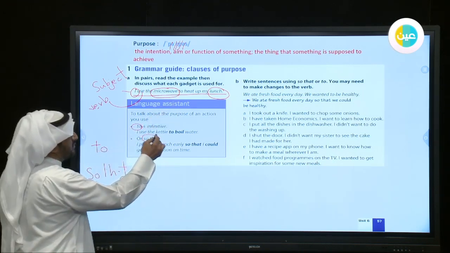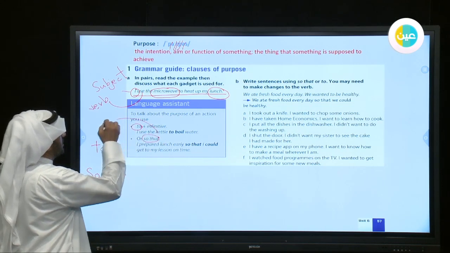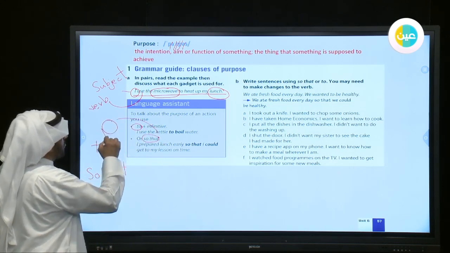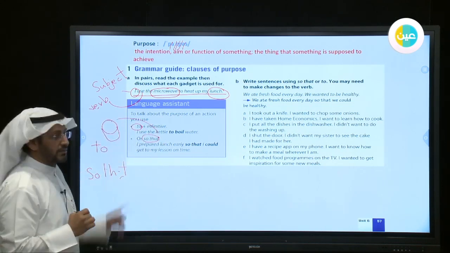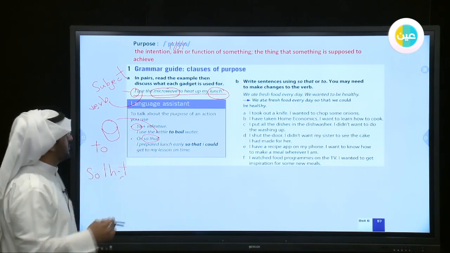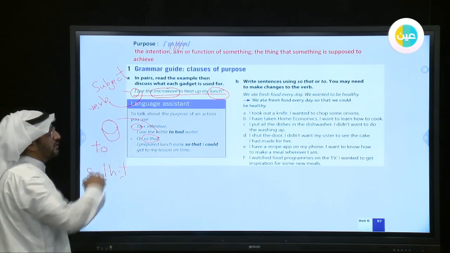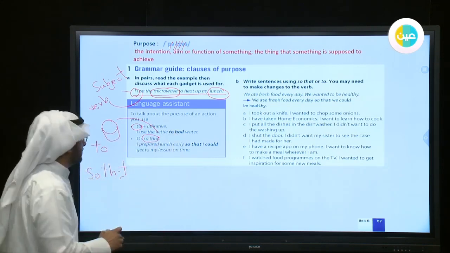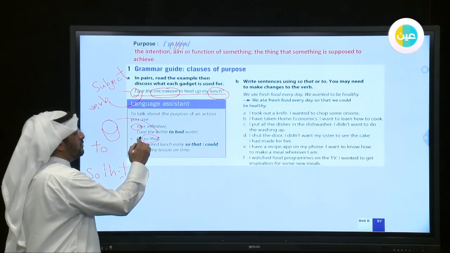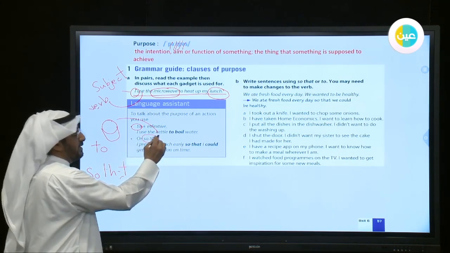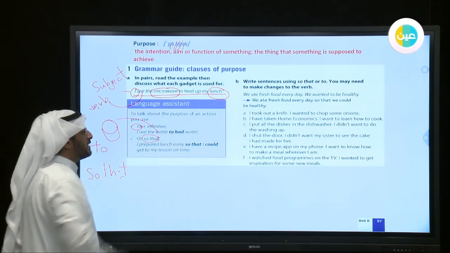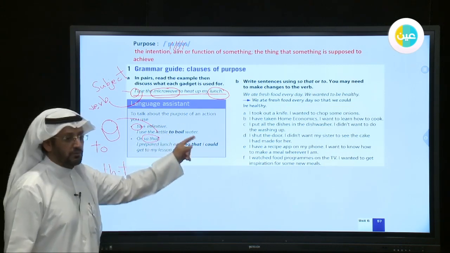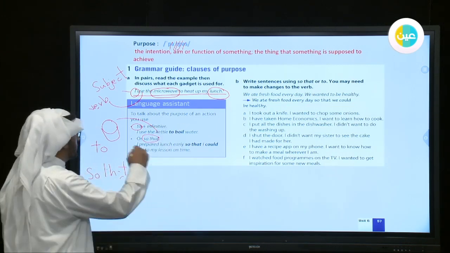This is a kettle. We put water here, then put it on the fire to heat, to boil water. Why do we use the kettle? The answer is to boil water. Second example.